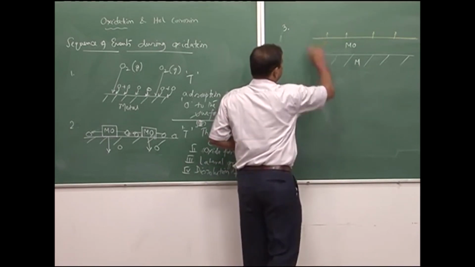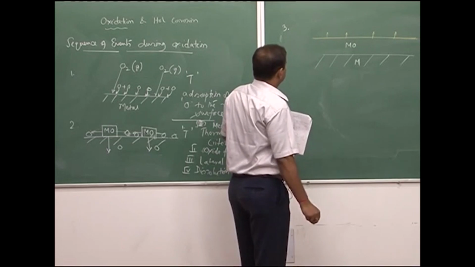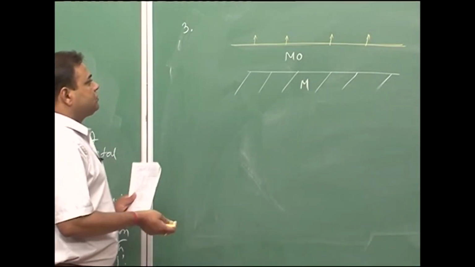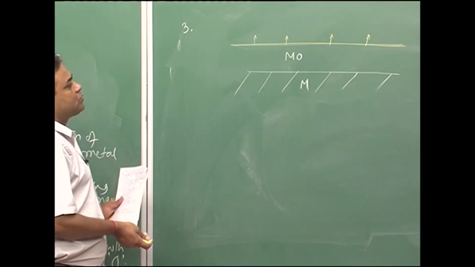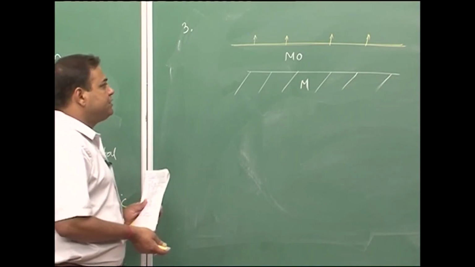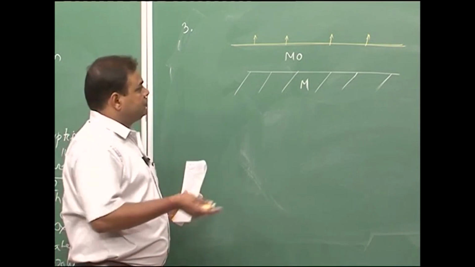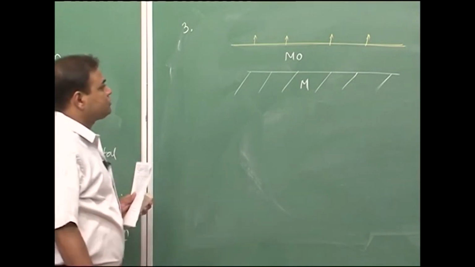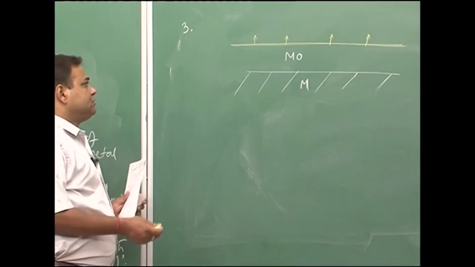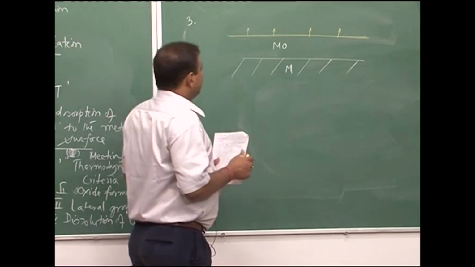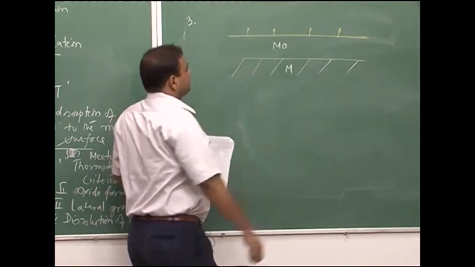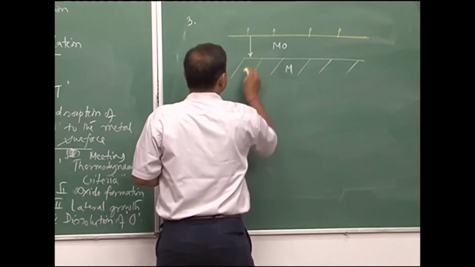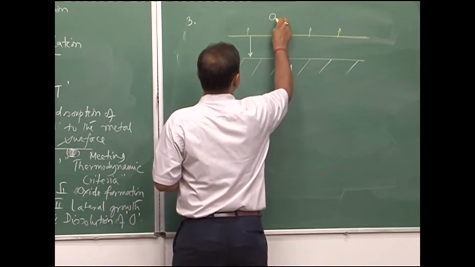So, the thickness of the metal oxide would increase. Now, once we have metal oxide, how would it grow? That growth process would be decided by the diffusion of metal ion as well as oxygen ion and the conduction of electron through this oxide layer. So, on this side we have oxygen.